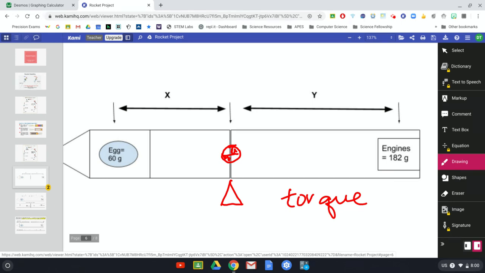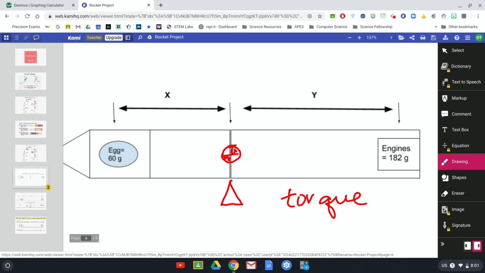So torque is a function of force times distance. So the distance from the center of mass on one side times the force acting on that side, directly being equivalent to the distance on the other side of the fulcrum to where the force is acting on the other side. And in this case, the force is gravity or weight pulling down.